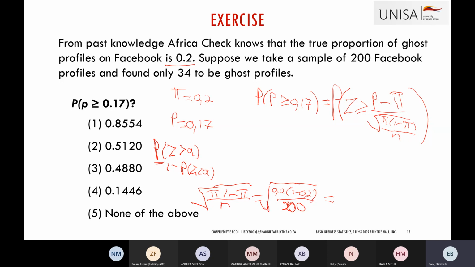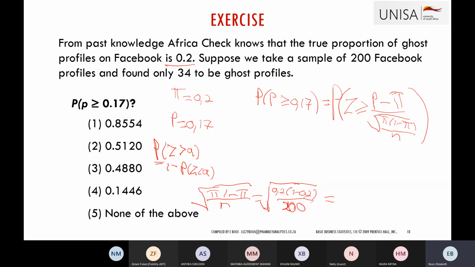What did you get? 0.2 times 0.8 divided by 200 is 0.008.